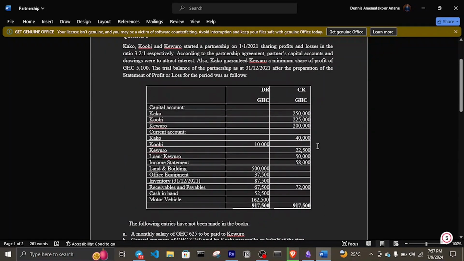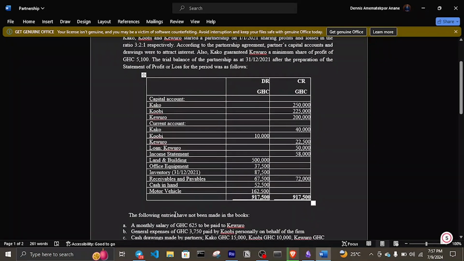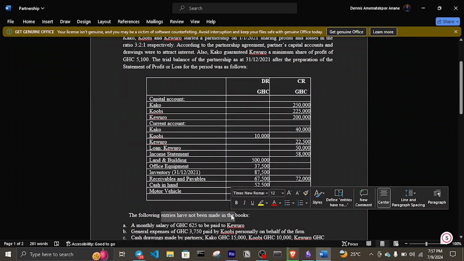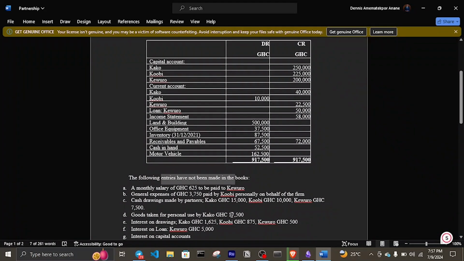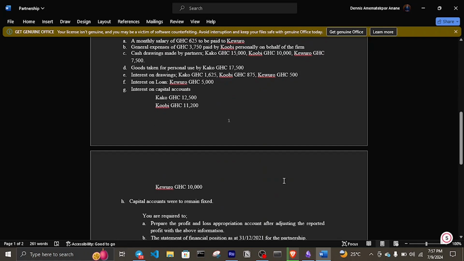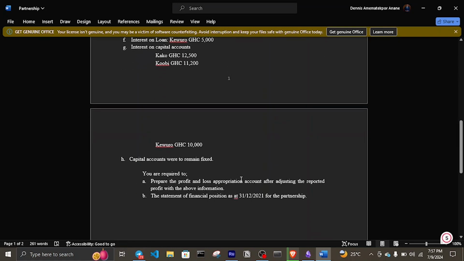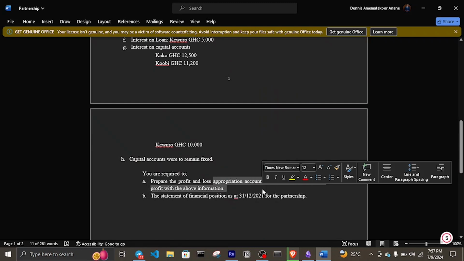But then these entries were not made into the books as of 31st December 2021. So we are supposed to ensure that these entries are made into the books, which were excluded. To begin, prepare the profit and loss appropriation accounts after adjusting the reported profit with the above information.